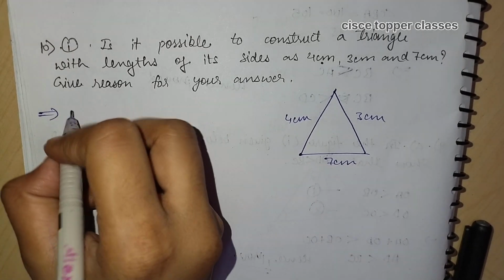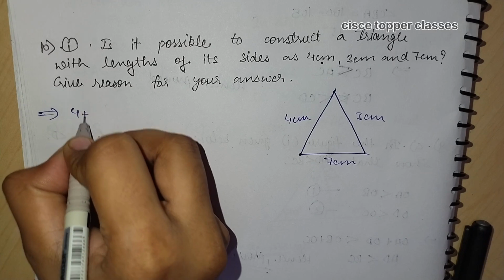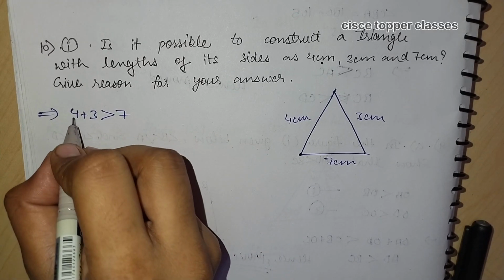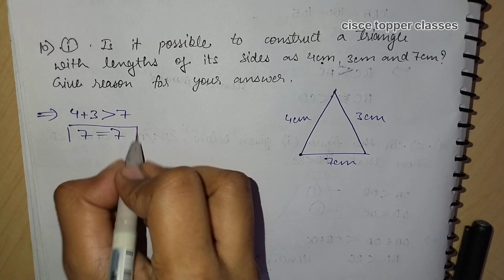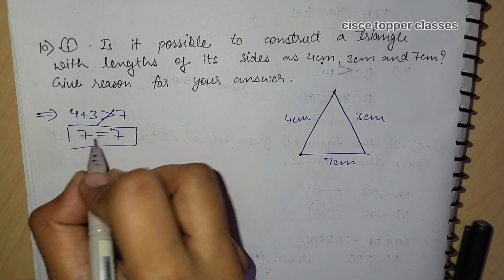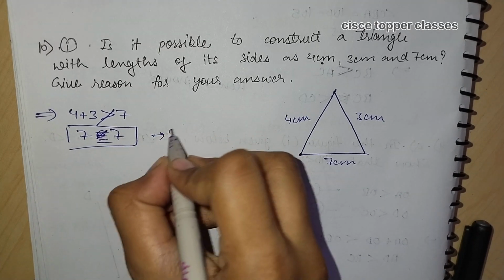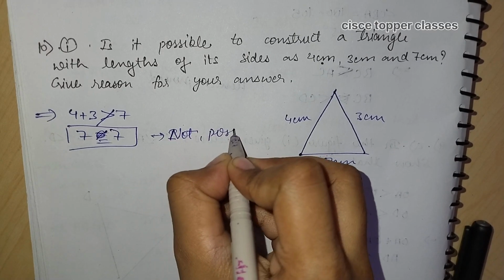So we can write 4 plus 3 should be greater than 7 to be a triangle. But 7 is equal to 7. This is not greater. So it is not possible to construct a triangle here.